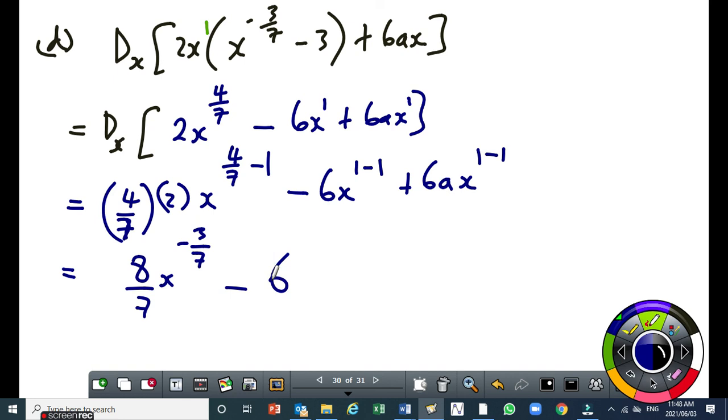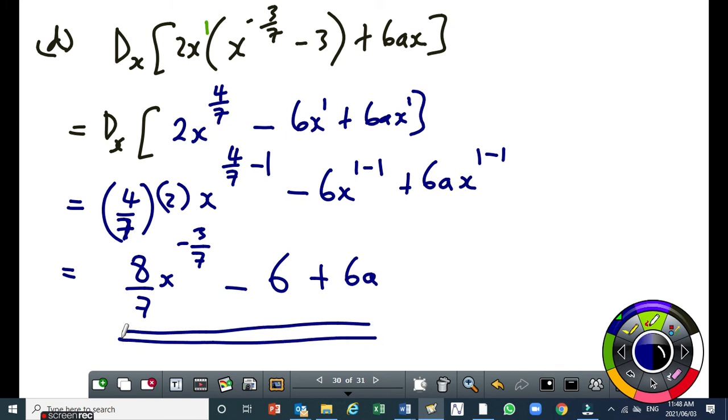Again, here, 1 minus 1 is a 0, x to the power of 0 is a 1. 1 times 6a will give me positive 6a. So this will be the answer. If you want, you can simplify to make the exponent positive, but I would suggest that you stop there to avoid unnecessary issues. Okay. Any question?